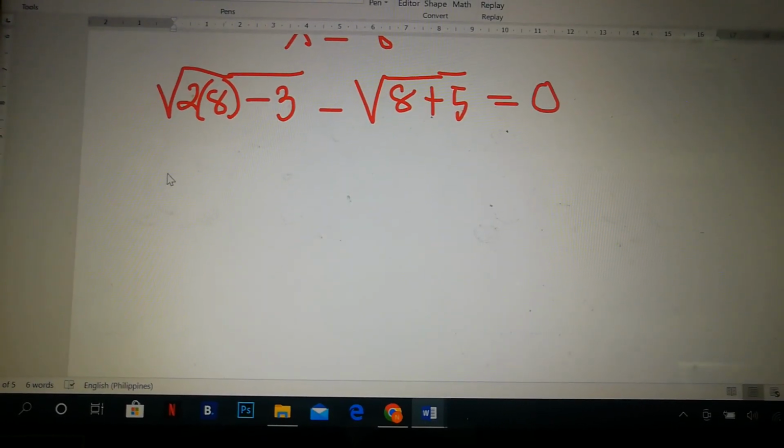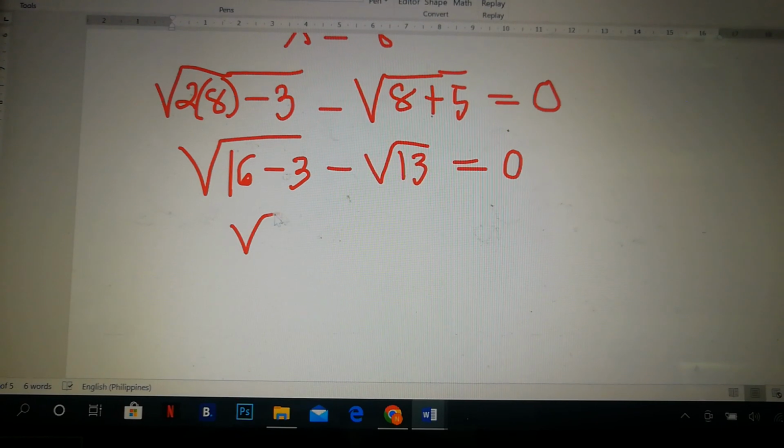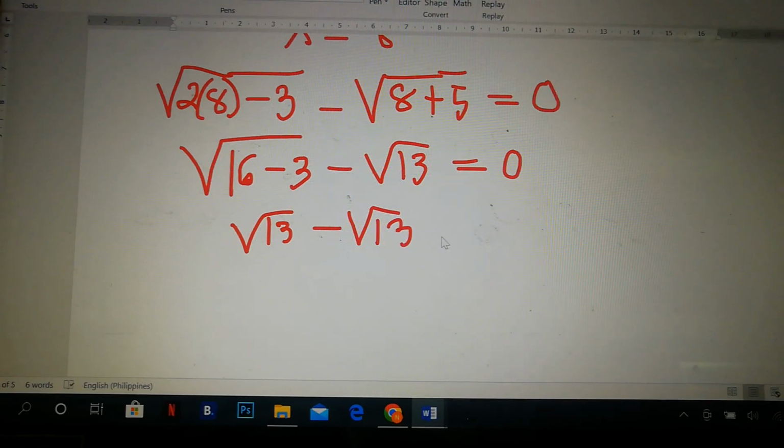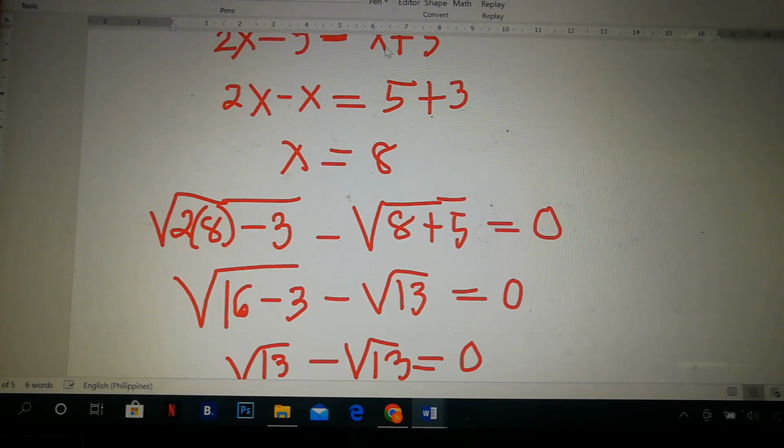So this is now equal to square root of 2 times 8 is 16 minus 3, minus square root of 13 equal to 0. The square root of 13 minus square root of 13 is equal to 0. So 0 is equal to 0. So therefore, x equal to 8 is the solution of the radical equation.